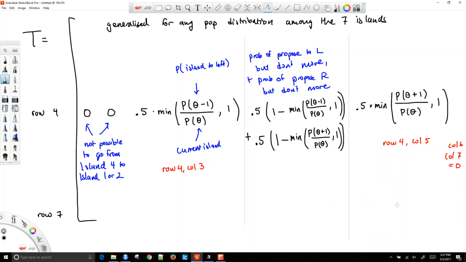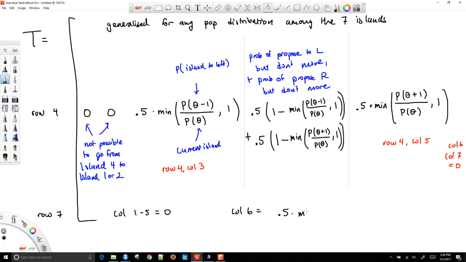Okay, so we'll say, columns 1 through 5 will all have probability 0, right? So for row 7, what do we have? So columns 1 through 5 will have a 0. Column 6 will have, what's the probability at column 6?